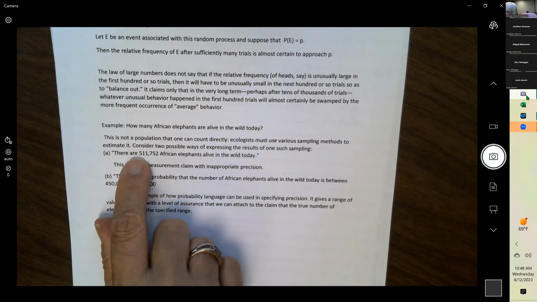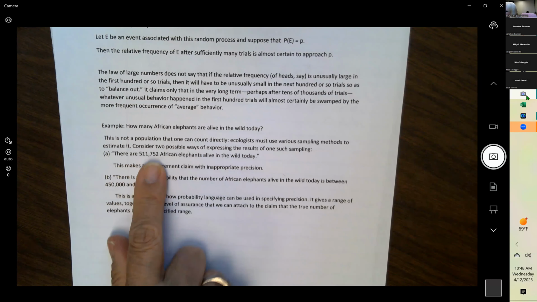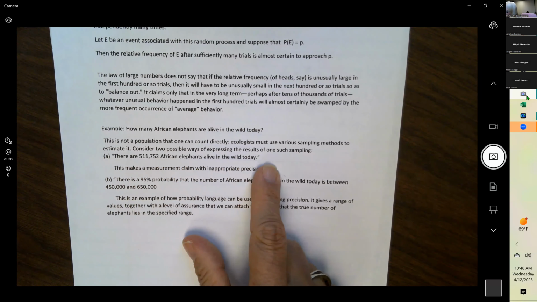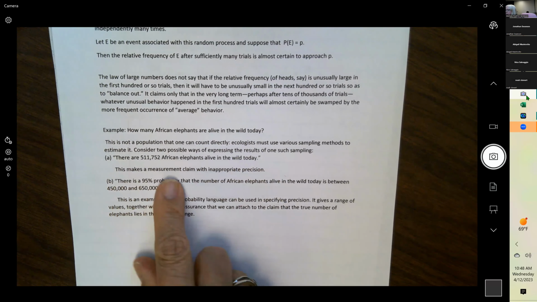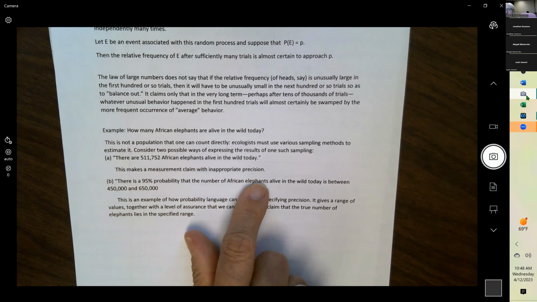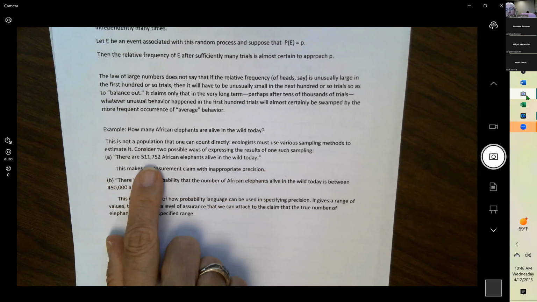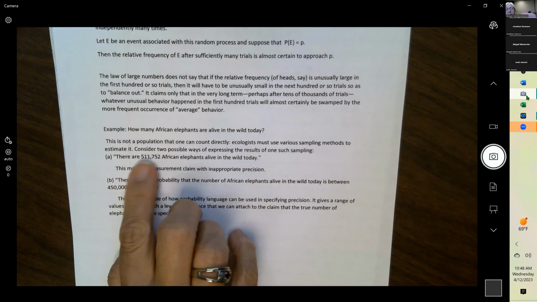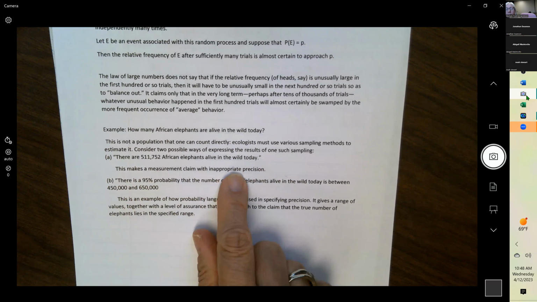There are 511,752 African elephants alive in the wild today. This makes a measurement claim with inappropriate precision. There's no way they counted all of them. Maybe they would say there's approximately 500,000 African elephants, but to get that precise, there's no way they can count all of them.